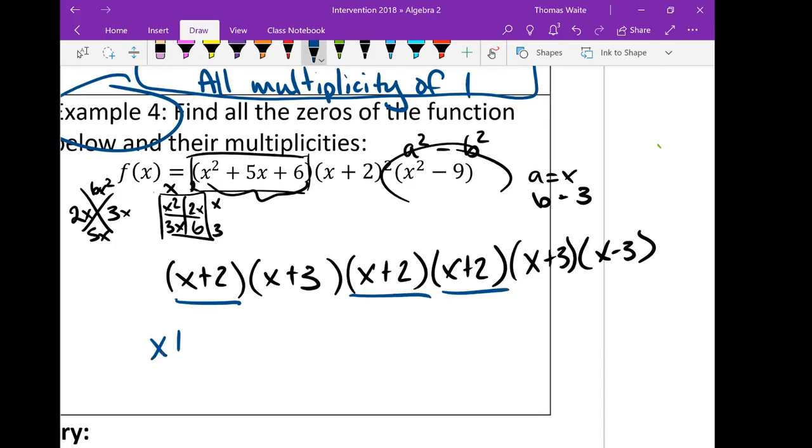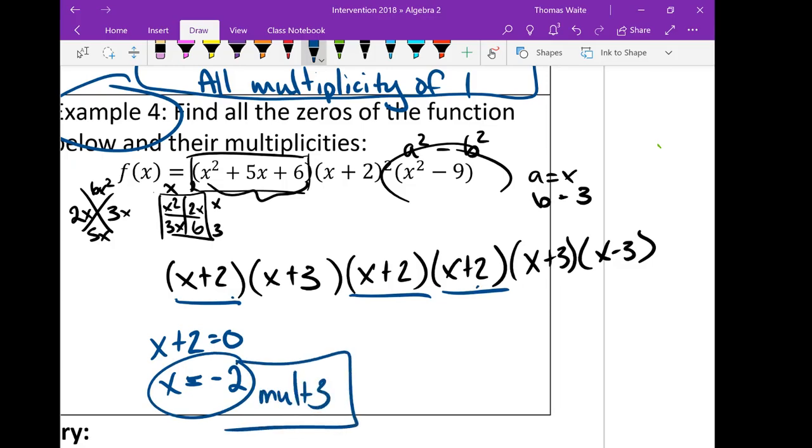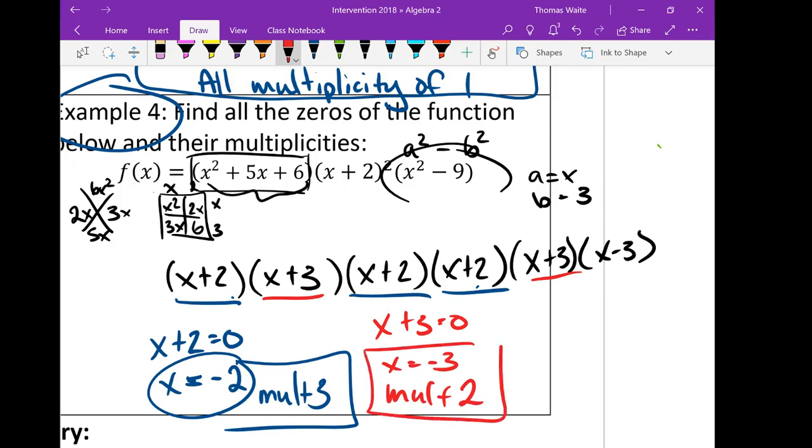So for that one, x plus 2 equal to 0, x equals negative 2. That's one solution, and it has multiplicity 3, because it showed up 3 separate times. I also see I got an x plus 3 that showed up a couple times. X plus 3 equals 0, x equals negative 3. That has multiplicity 2 because it showed up twice.